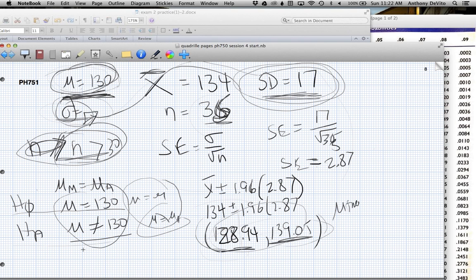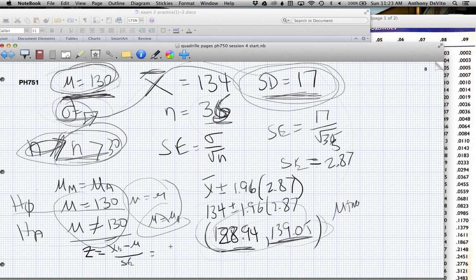And how do I do this test? Well, I calculate a z-score for the number of standard deviations difference between what we think the mean is and what the manufacturer thinks the mean is. X bar minus mu over the standard error.